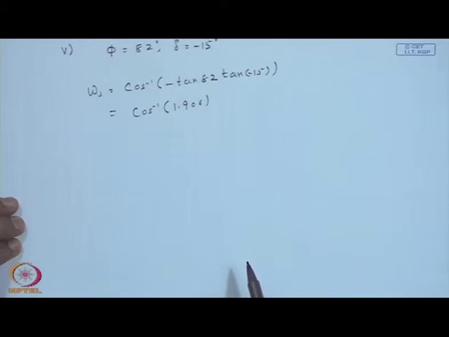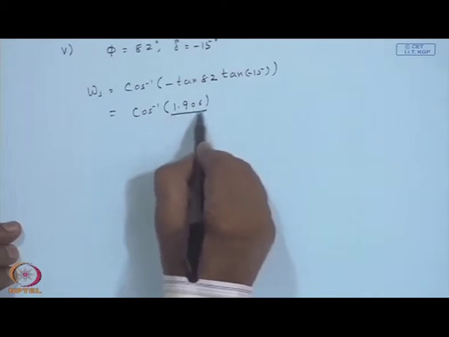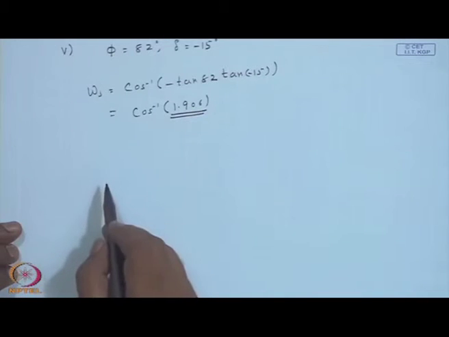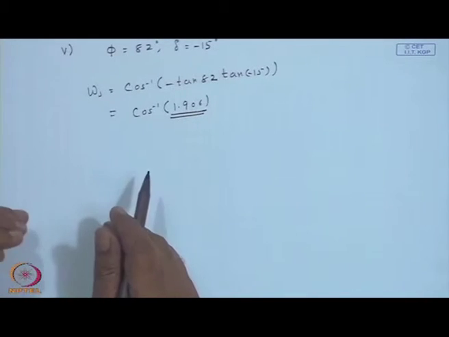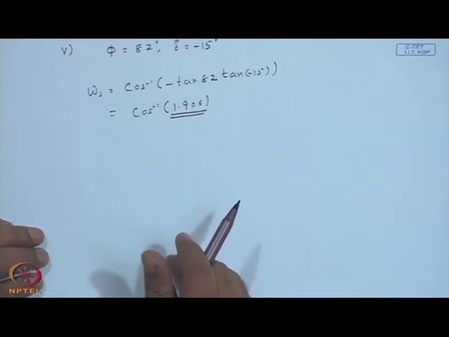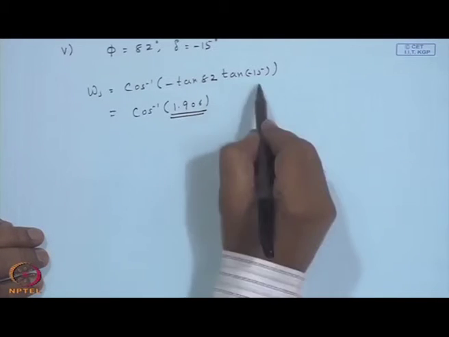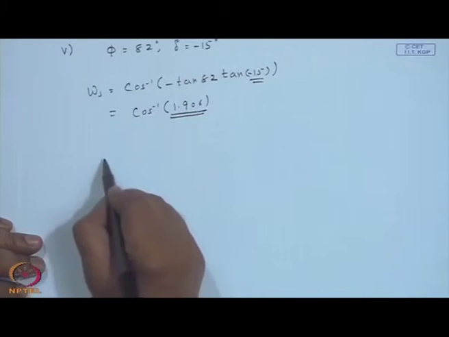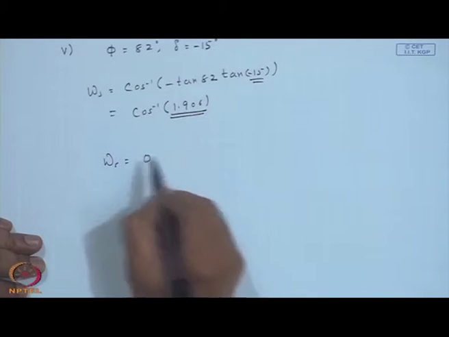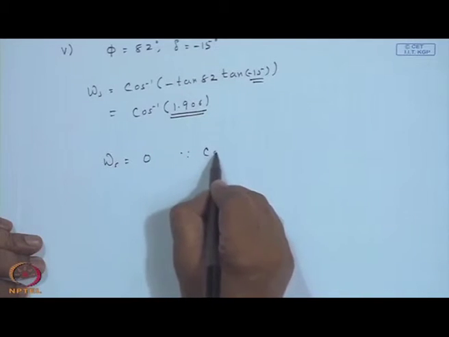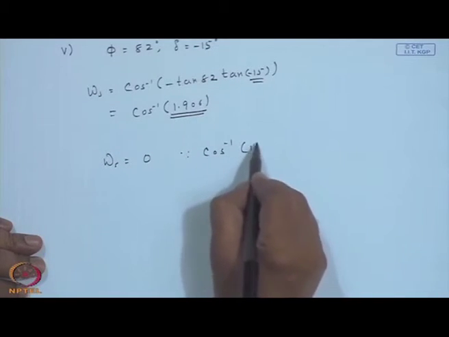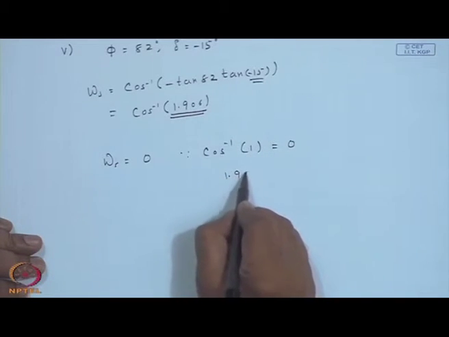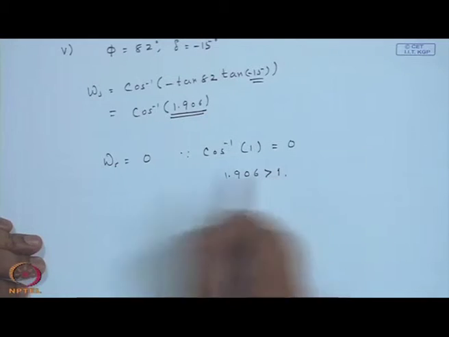Again I have the same problem. Even though it is positive, greater than 1, cosine inverse is not defined. So I will presume that it has reached 1 and then gone on to become 1.906 in the negative declination. So you will have omega s 0, since cos inverse 1 equals 0 and 1.906 is greater than 1.